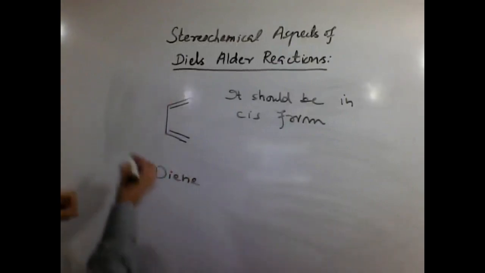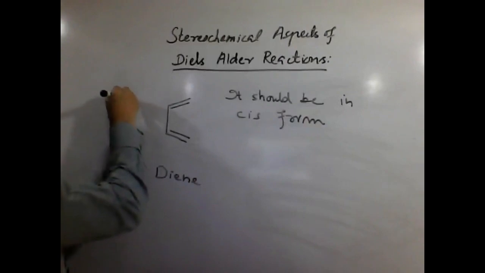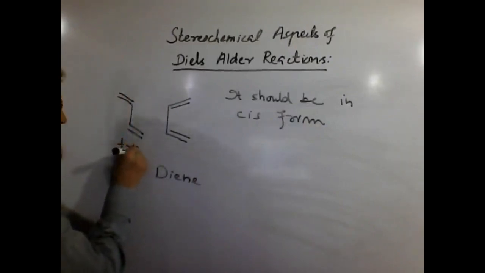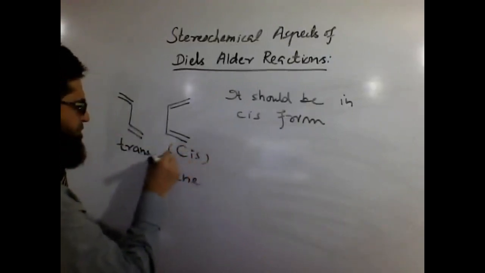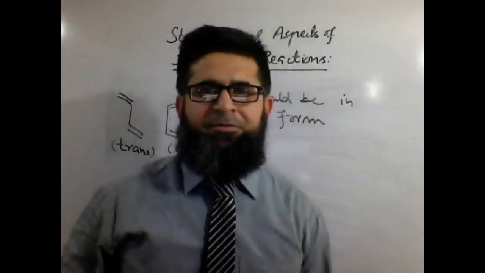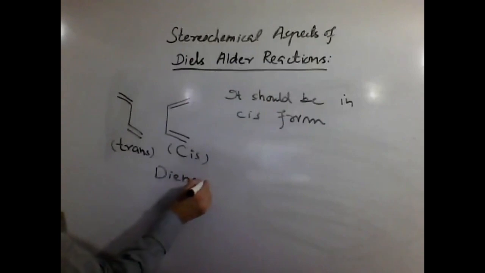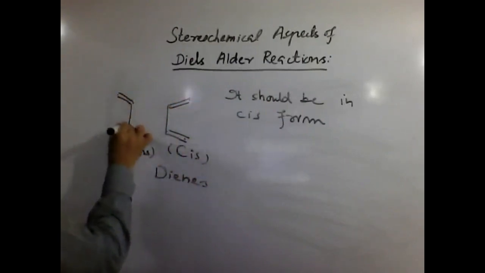It can be in trans form, like if you have the two double bonds in this form, it's a trans. This one is a cis. It's a cis form, it's a trans form. Both are alkenes, dienes, with 1, 2, 3, 4 carbons.